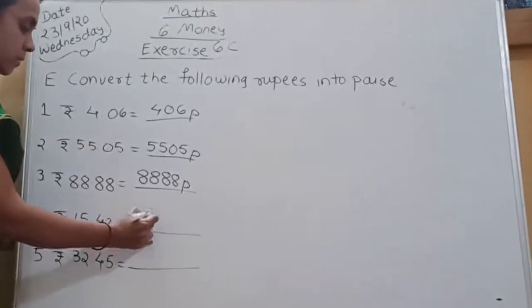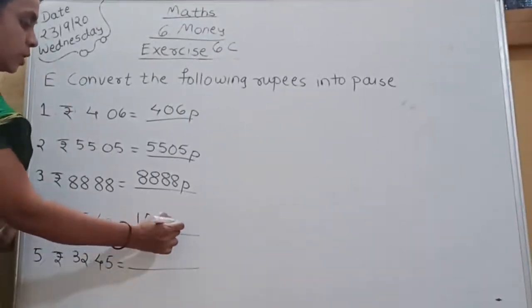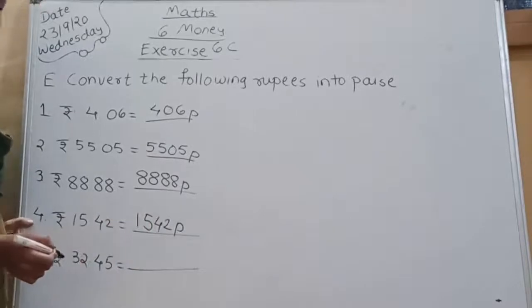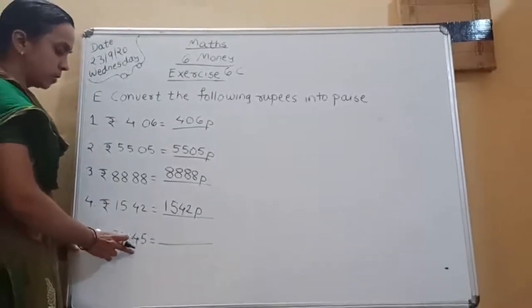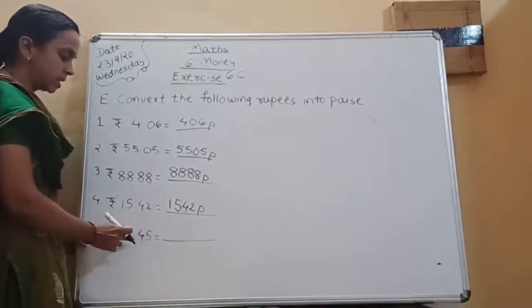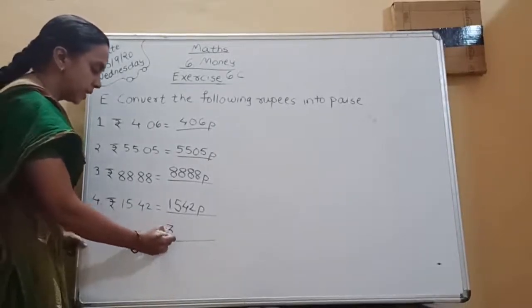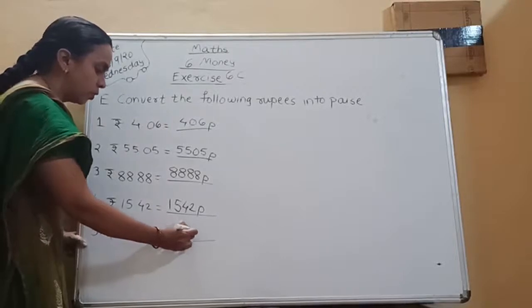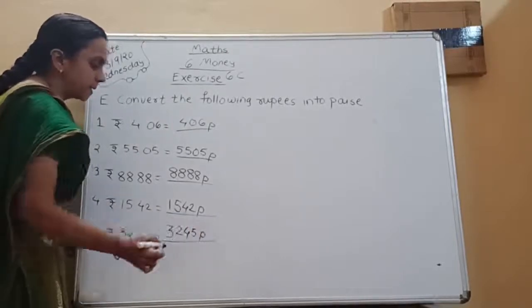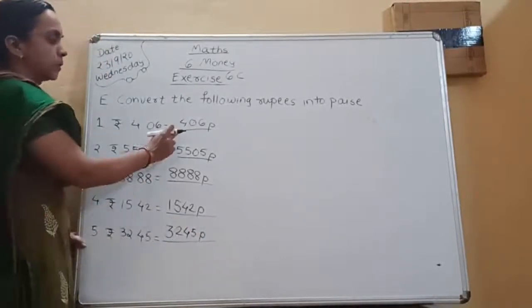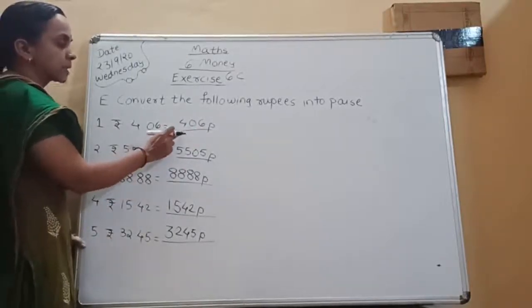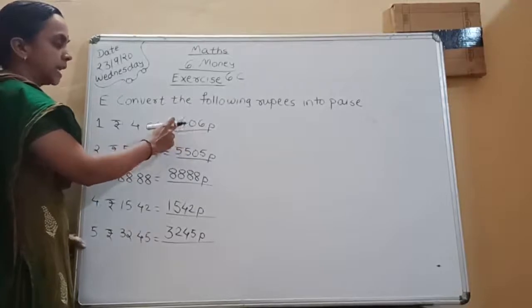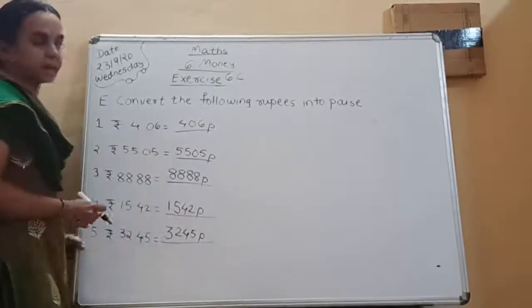So 1, 5, 4, 2 paise. Then see fifth example, rupees 32.45. Here also you have to remove that point, 3, 2, 4, 5 paise. So you have to draw this small line there with the help of your scale and pencil, and on that line you write down all these answers.